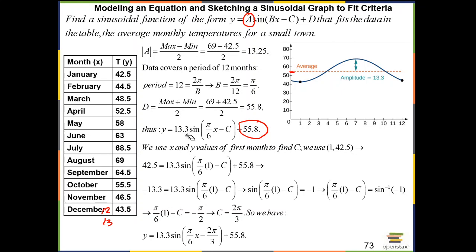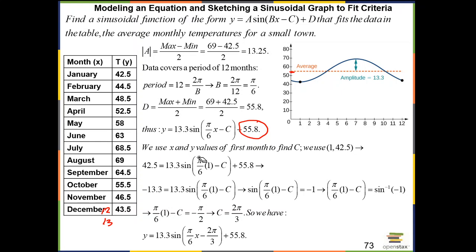So that's the amplitude. We still don't know whether it's positive or negative, but we're going to find out in a second. Okay, so we put that A here to be 13.3, and D is 55.8.